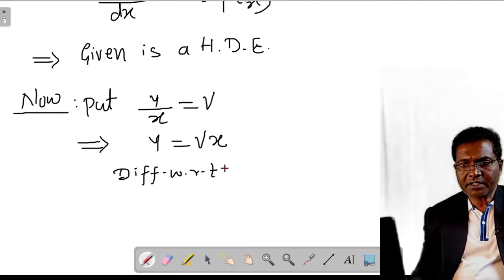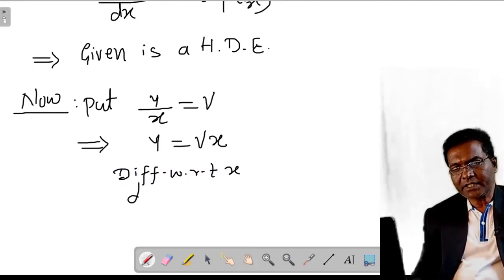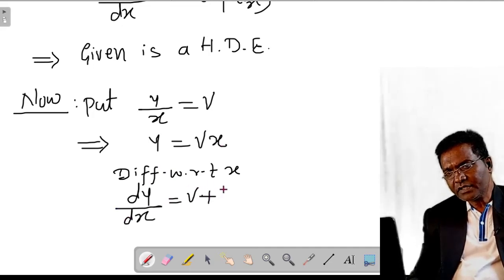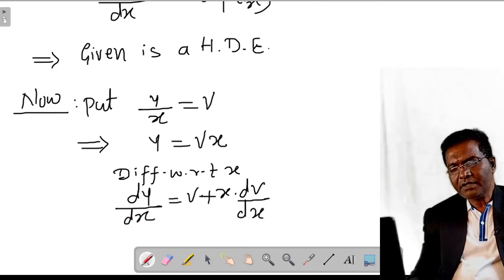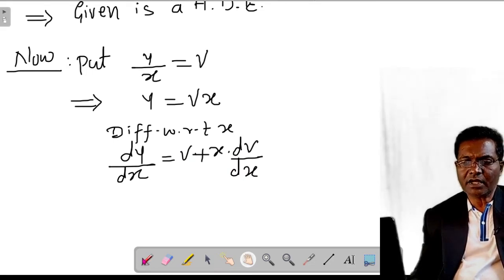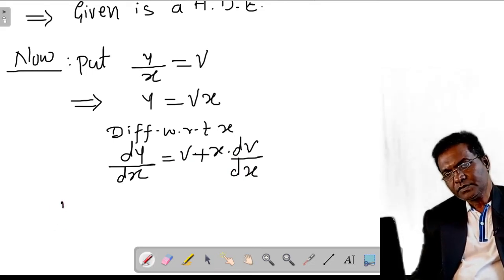Differentiate with respect to x to obtain the value of dy by dx. So dy by dx is equal to v, derivative of x is 1, plus x into dv by dx. Okay, so you have to put this in equation 1.